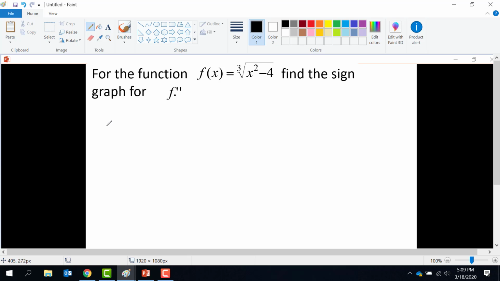So again, f prime of x was 1/3 times x squared minus 4 to the negative 2/3, times the derivative of the inside, which was 2x.